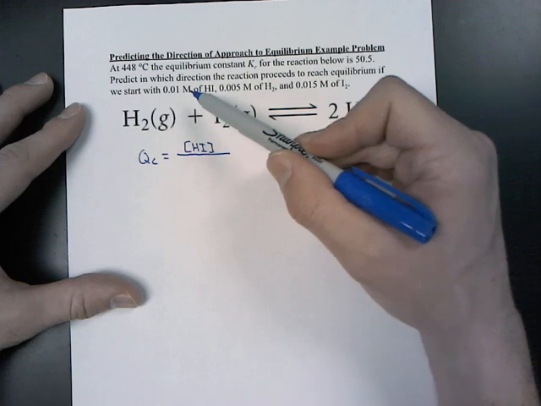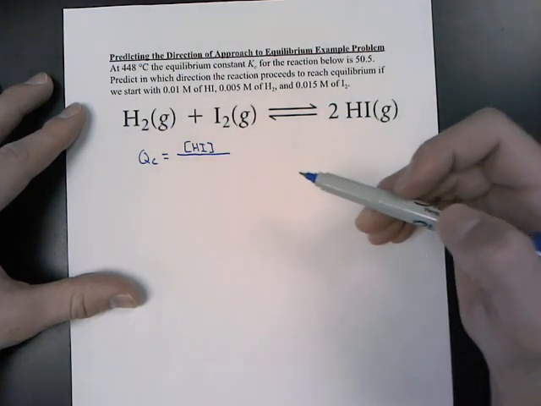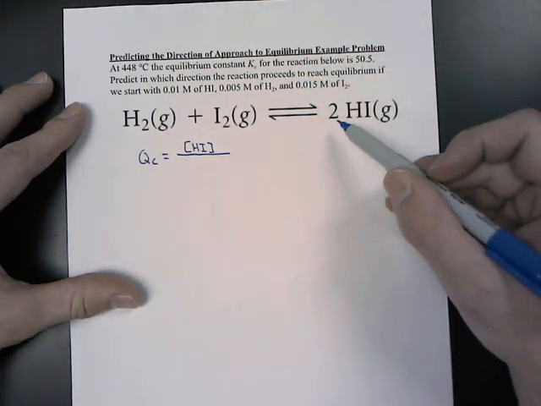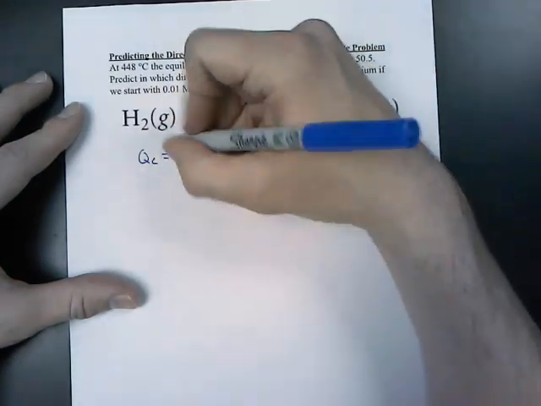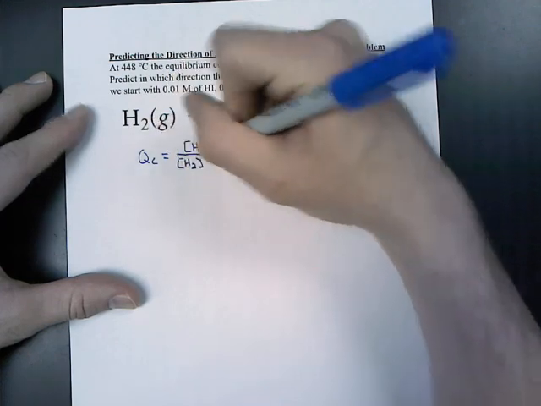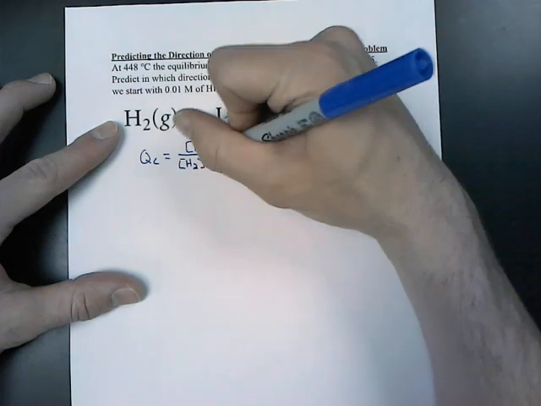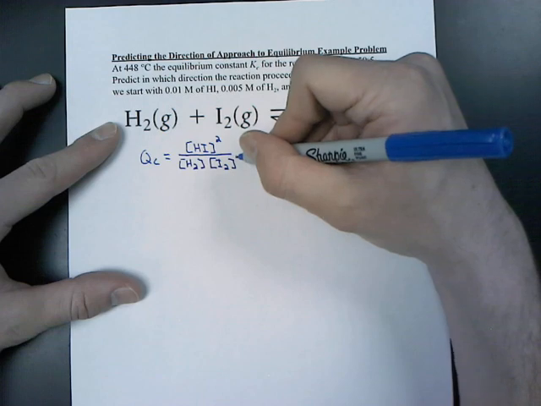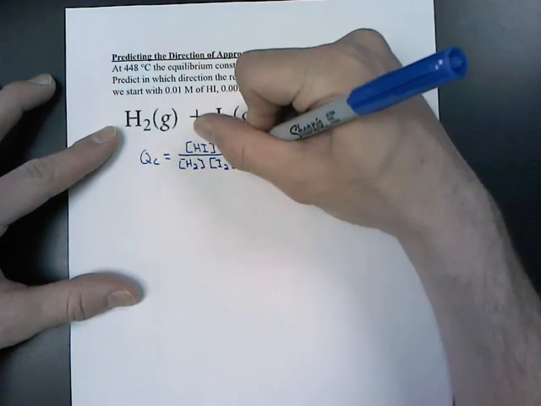So whenever you're given molar, always write it with brackets, and you don't need to worry about that pressure business. But this thing right here, HI, is raised to the second power, and it's divided by H2. Because it's a product, it's raised to the first power because of the coefficient of 1, times I2, which is raised again to the first power because it's the coefficient in front of I2.